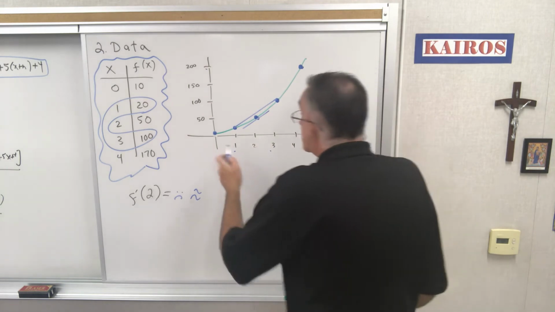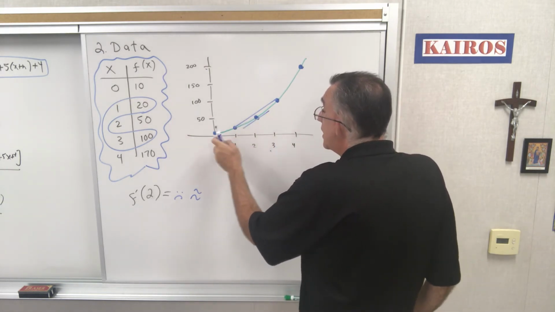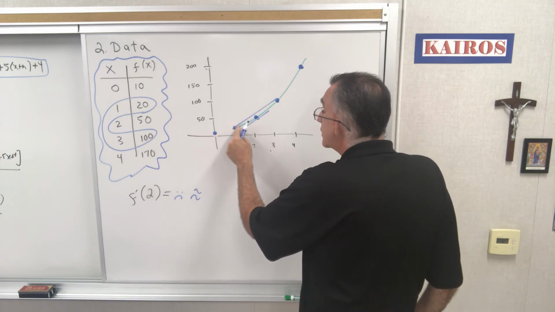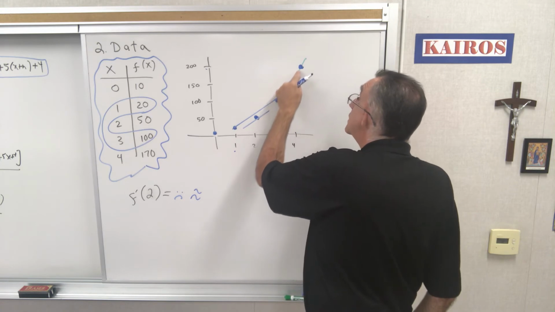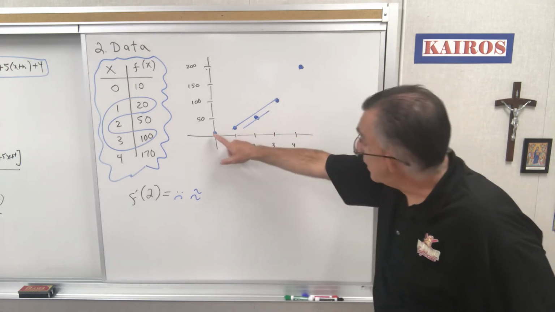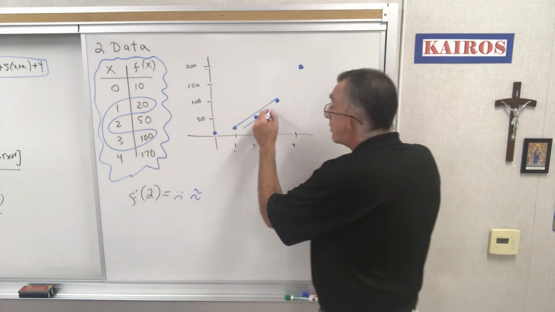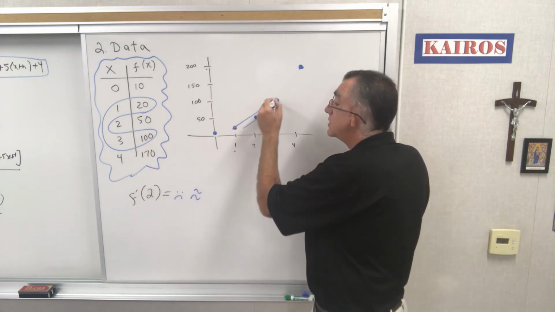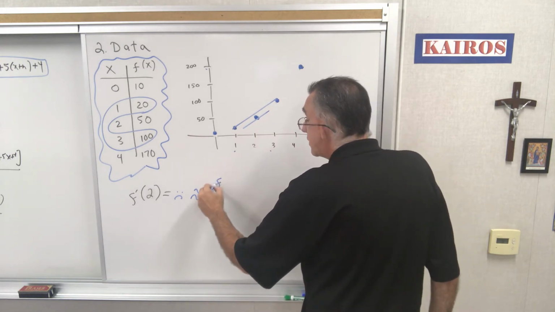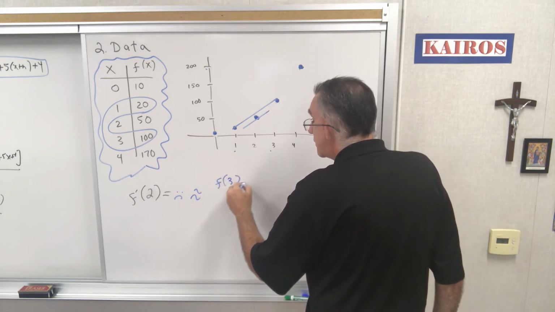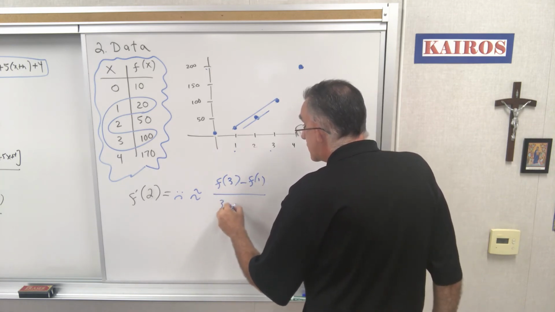Keep in mind, we want to find this derivative, but we can't. We don't know about these green points. We only actually know about the data points, and I can only use the data points. So if I want to approximate the derivative here, I'm going to use these 2 points. It's not that hard. You're going to say f of 3 minus f of 1 over 3 minus 1.